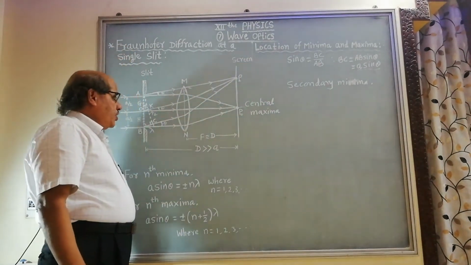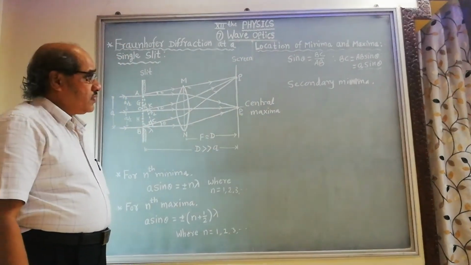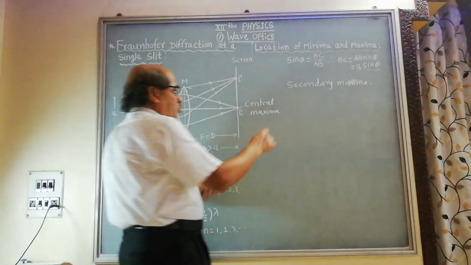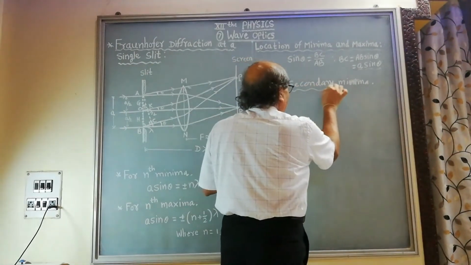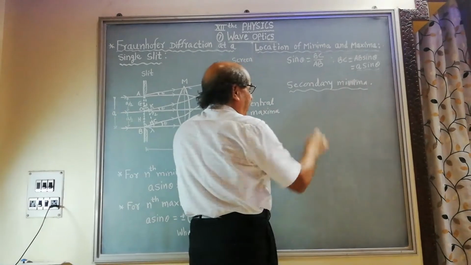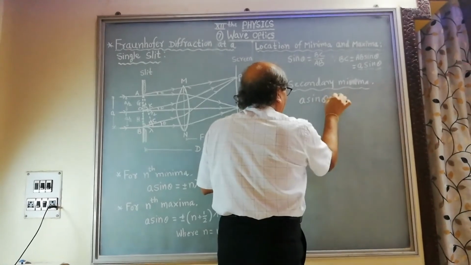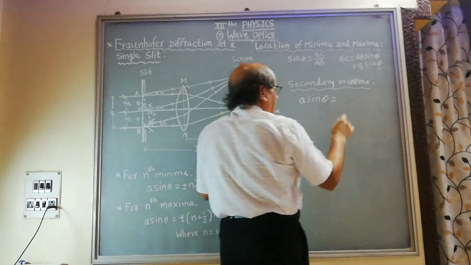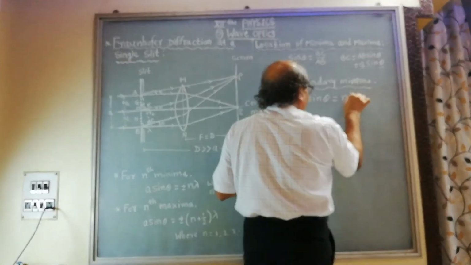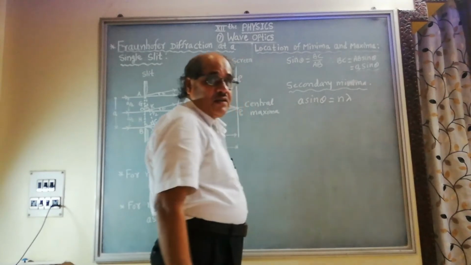So what is the condition for the secondary minima? The condition for secondary minima is that the path difference, that is A sin theta, is equal to n lambda.